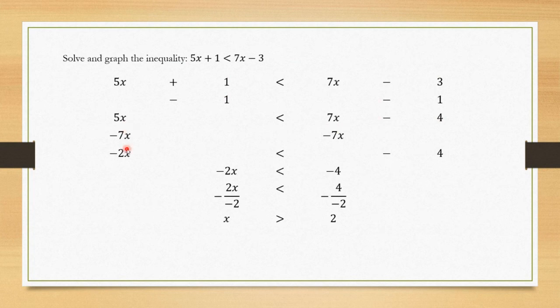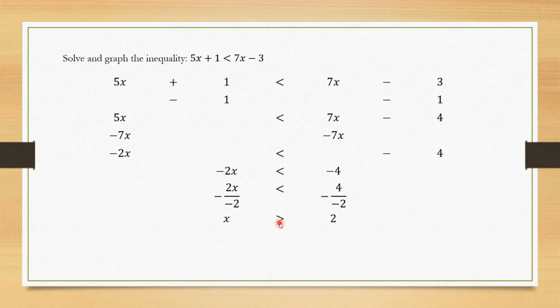So I get -2x is less than -4, which is written this way. But notice, though, I want x all alone, so I divide by -2. And by dividing by -2, I flip the inequality around. See? So you have to remember to turn the inequality around.